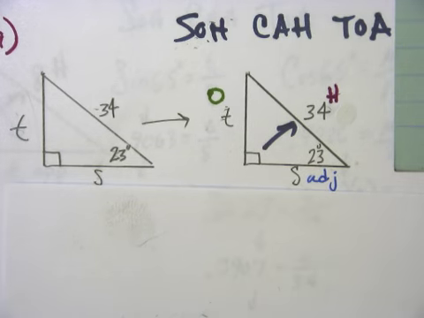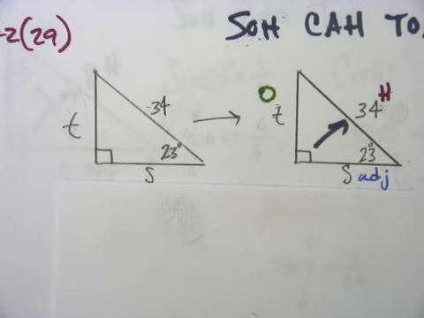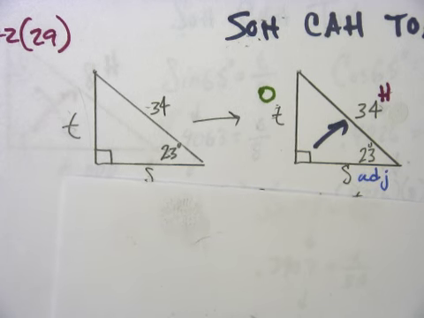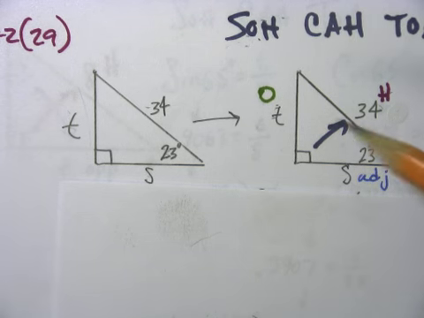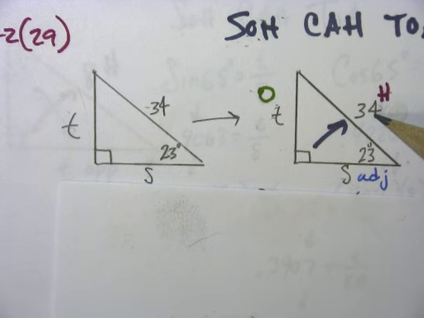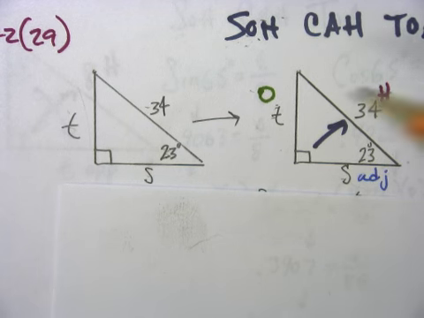Now the rule says that we use what they give us and what we're looking for. So what did they give us? Out of the O, A, and H that I labeled on my triangle, which of the three is a given? Well, the hypotenuse, the 34, is a given. So the question becomes, what do you want to look for first?